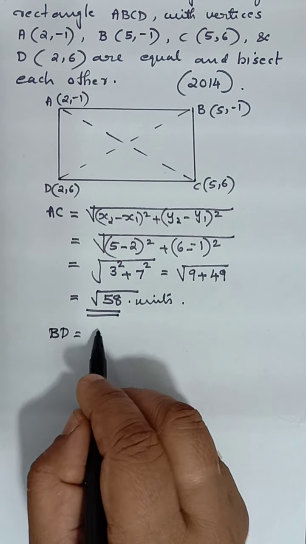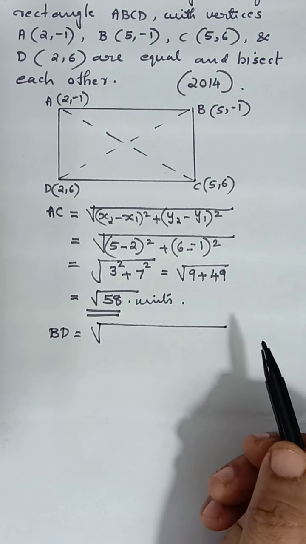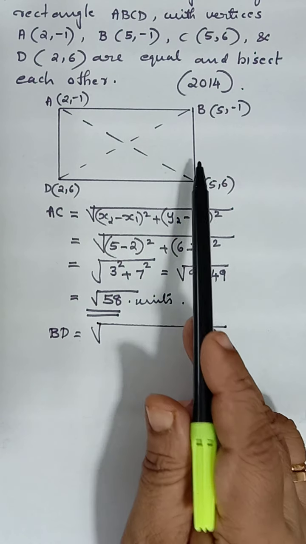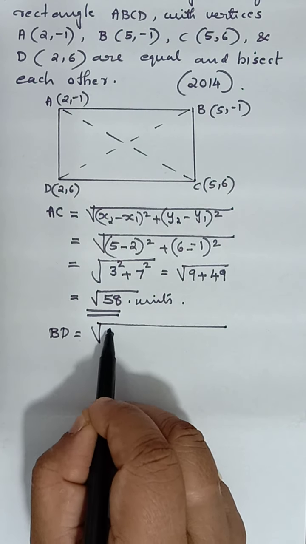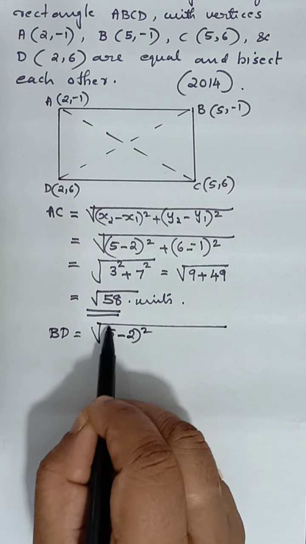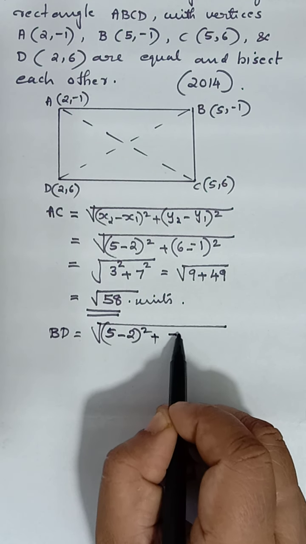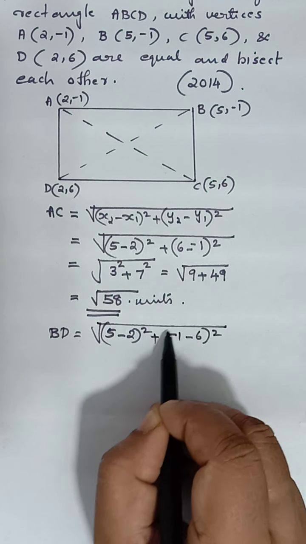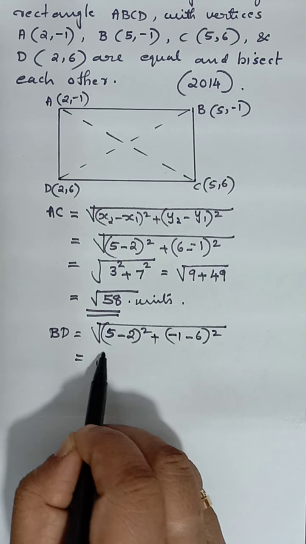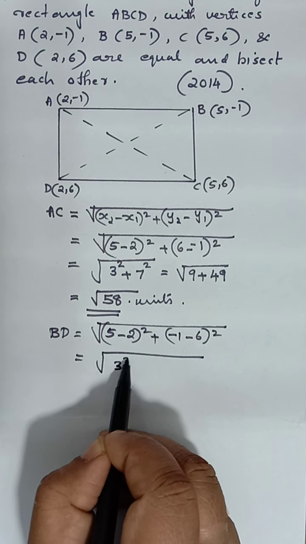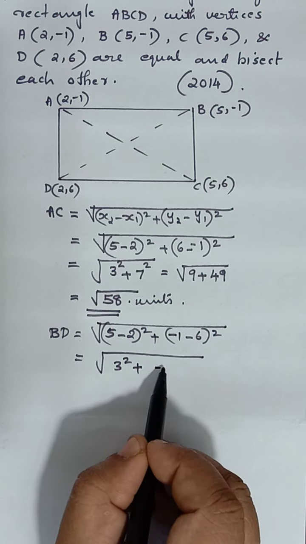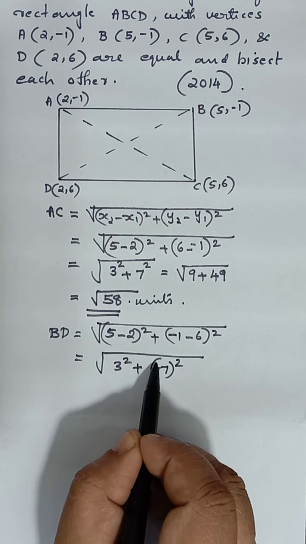BD also using the same formula: square root of (5 minus 2) whole square plus (negative 1 minus 6) whole square. From the figure you will know what is B and what is D. 5 minus 2 is 3 square, again plus negative 1 minus 6 is negative 7 whole square.